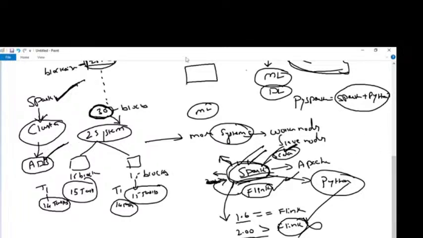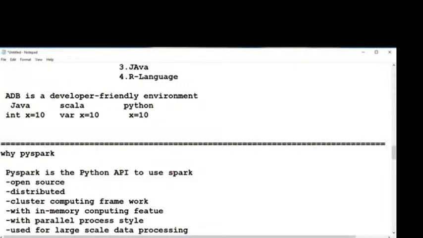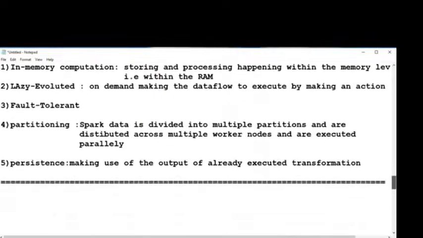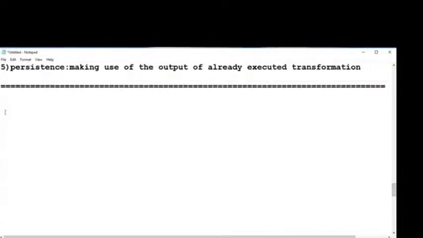In Azure, just like ADF, how you created the ADF instance, in the same way for Azure Databricks also, you are going to create an instance. After creating the instance, you are going to create a workspace.